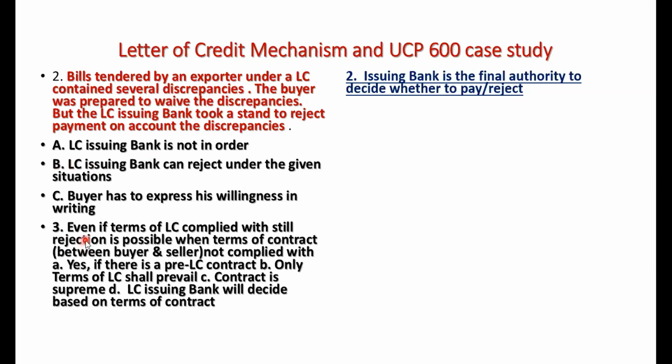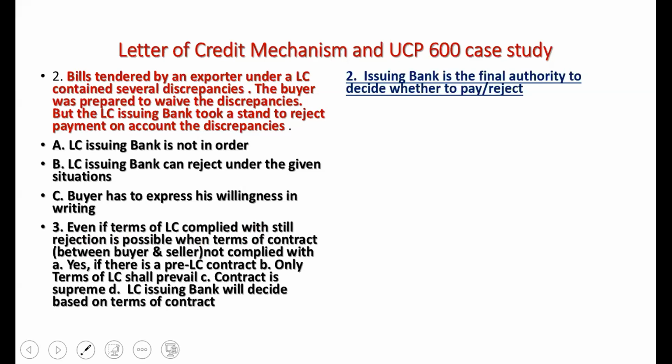Now question number 3. This question is frequently asked. Why I have selected only questions that are likely to be asked for your exam, or very frequently asked for international banking, CAIIB. The third question, I think all of you know: one exporter got an LC. He presented all the documents and complied with all the terms and conditions as per LC.